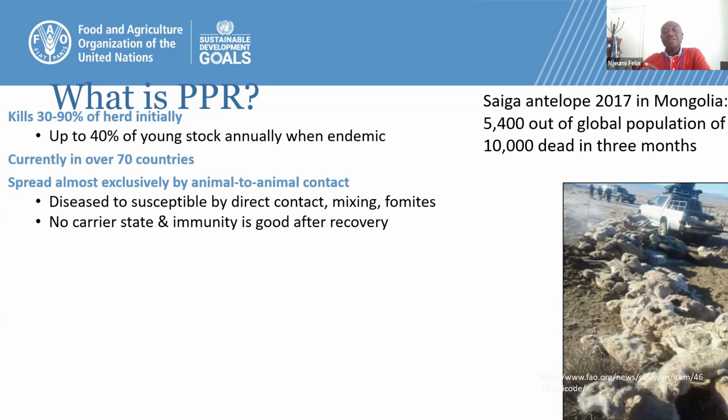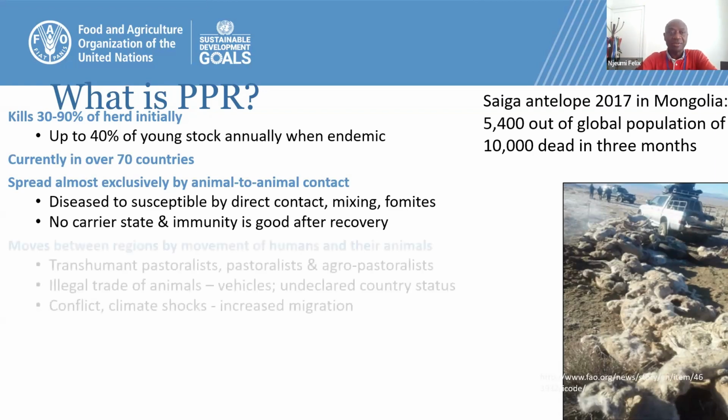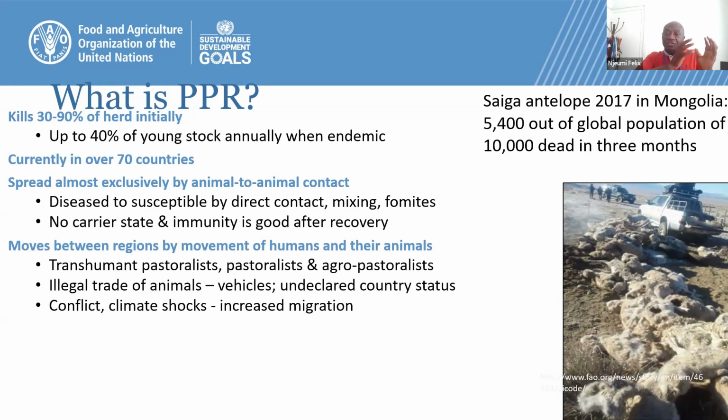If it does not die, that animal has immunity for life, and therefore will not be reinfected. The disease moves through transhumance, through pastoralism or agro-pastoralism. It could also move through illegal trade of animals, vehicles, or undeclared country status. Conflict can also be a reason for this animal movement, but climate shock as well, and increased migration.